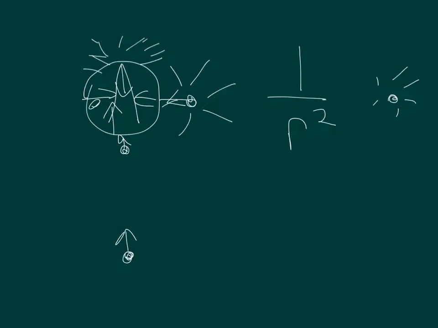And again, it's important to point out that the closer you are, the stronger that attraction. So the further you go out, the weaker. Remember, it goes as 1 over r squared. So enough about Earth. It's time to talk about the electric field.